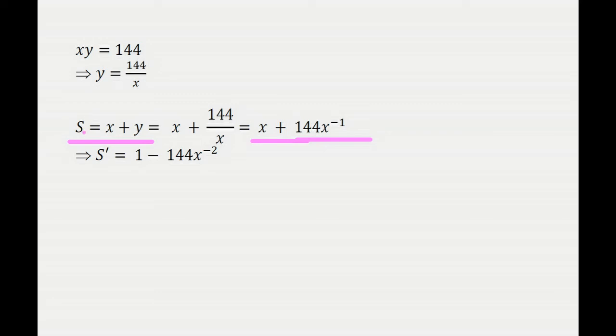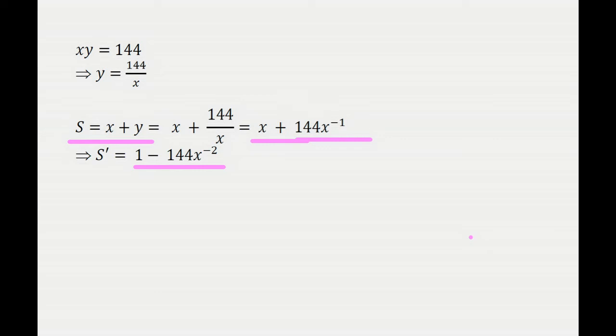So when I find the derivative of s with regard to x, I get this. Now, if you go back and read the question, we are trying to find the value of x that will minimize the sum.